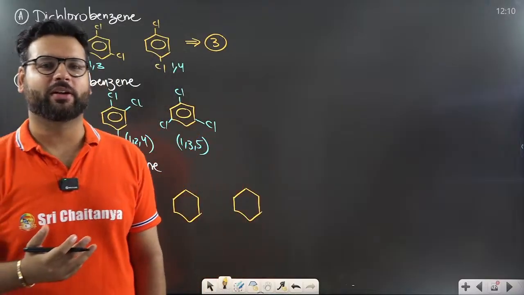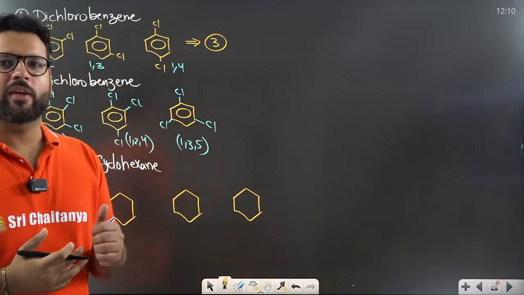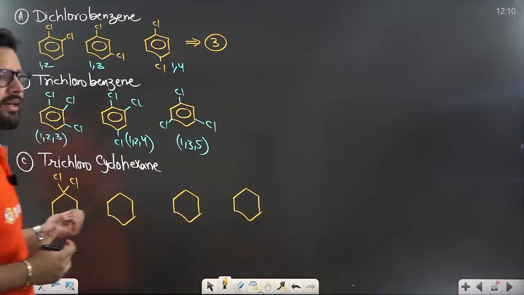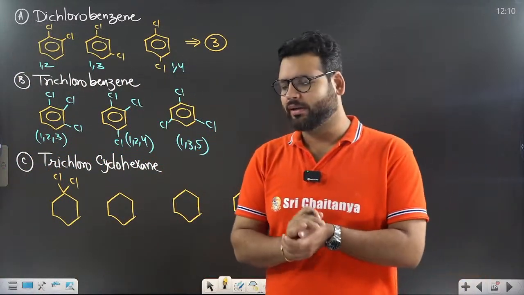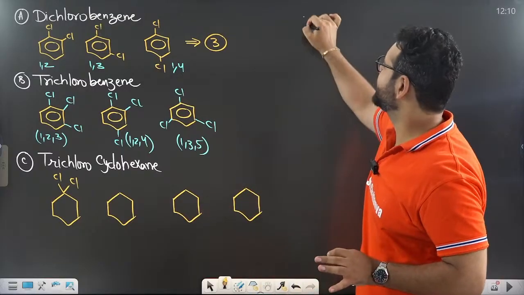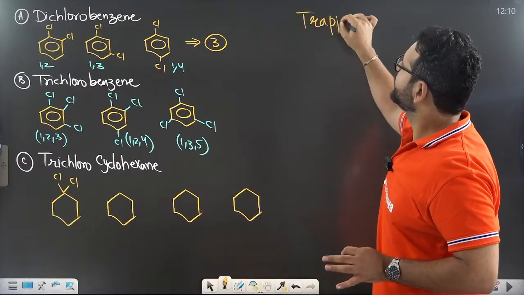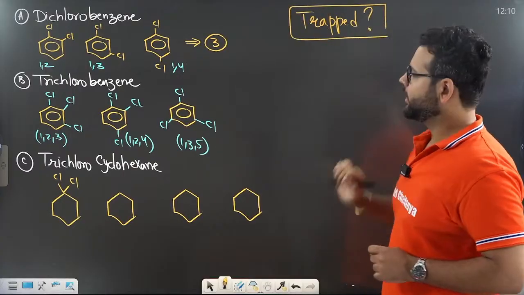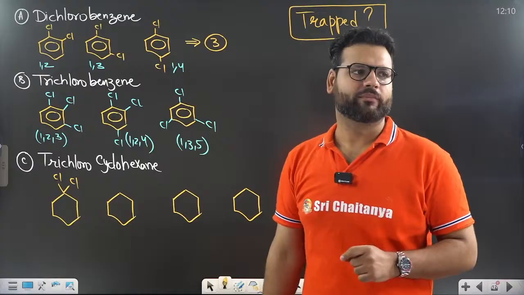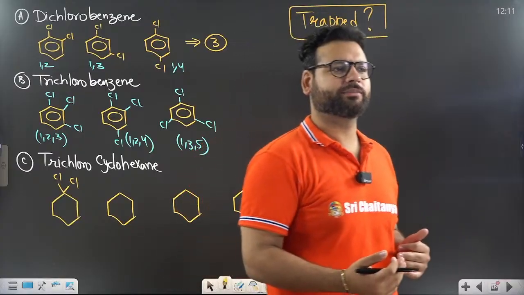Many possibilities will be there. See here, one carbon can also get 2 substituents. There is no pi bond inside now. If you got trapped here, please mention it in the chat box. The answer will not be 3, it will be more than 3.